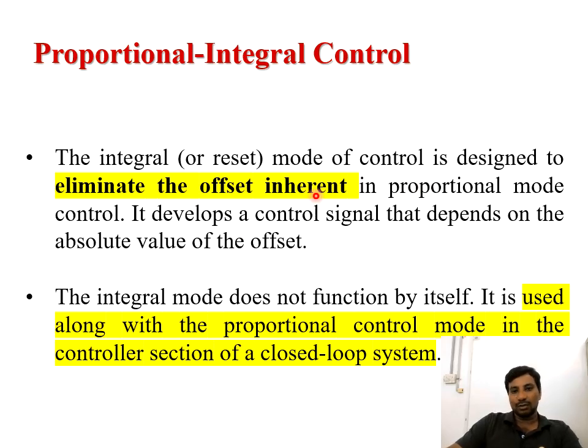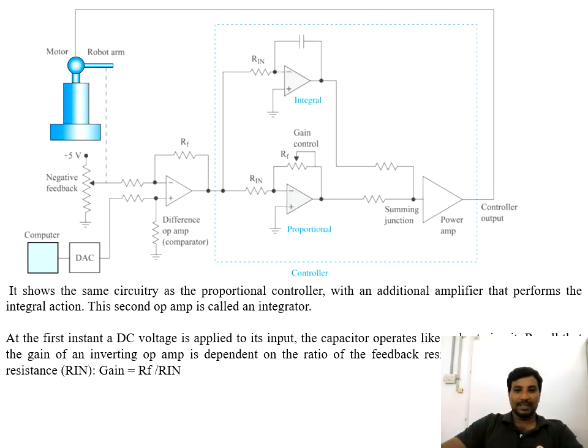Every control system may have its own natural error, and the integral mode develops a control signal that depends on the absolute value of the offset. The integral mode does not function by itself. Instead, it is used along with the proportional control mode in closed loop systems.